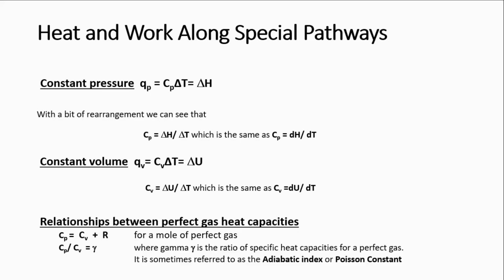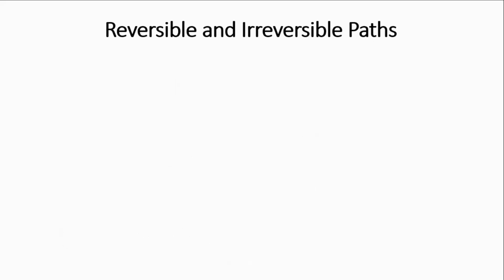And then we are also showing that Cp over Cv, or the ratio of Cp to Cv, is equal to this constant, which is called the adiabatic index, or the Poisson constant, which can be quite useful, and you will learn about that later in more advanced thermodynamic courses.